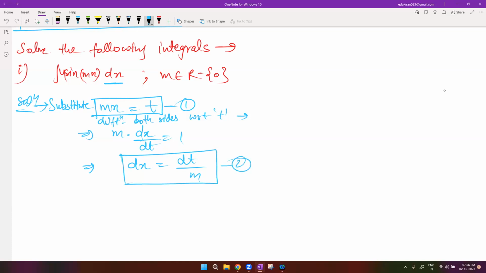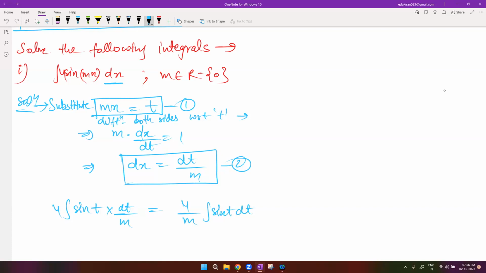Use these two equations to solve your first question. 4 can be taken outside. Sine mx can be written as sine t, because mx is t. Then dx can be written as dt upon m. M is a constant, and m is dividing the whole thing, so you can take it outside. So it becomes 4 by m sine t dt.